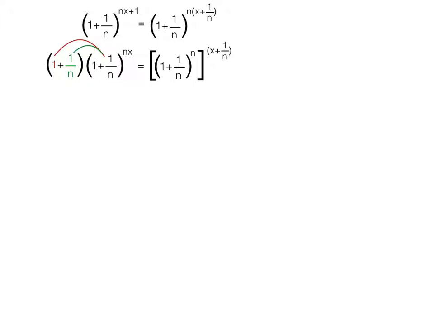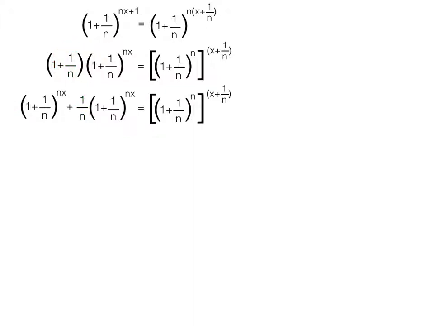Then on the left hand side we use the distribution law to find 1 times (1 plus 1 over n) to the power nx plus 1 over n times (1 plus 1 over n) to the power nx. We keep the right hand side the same.